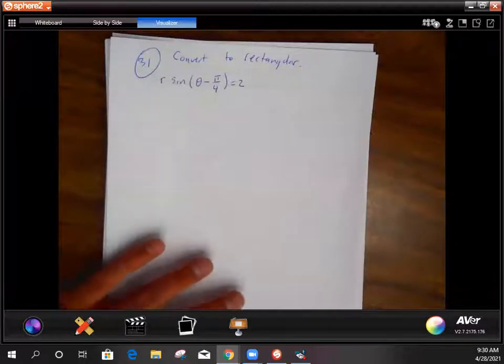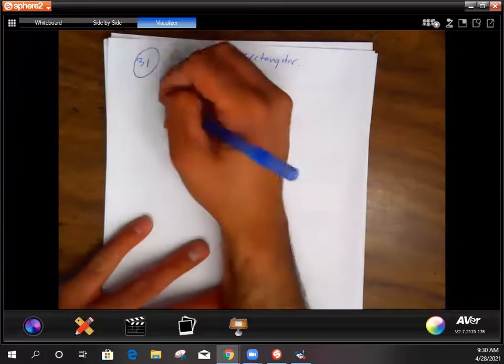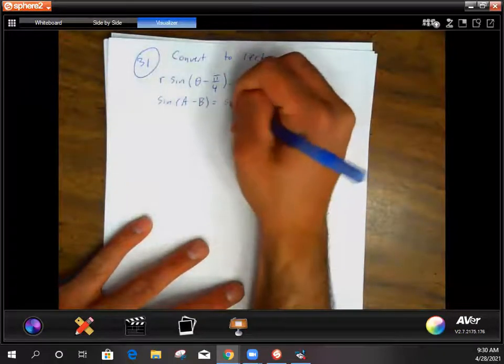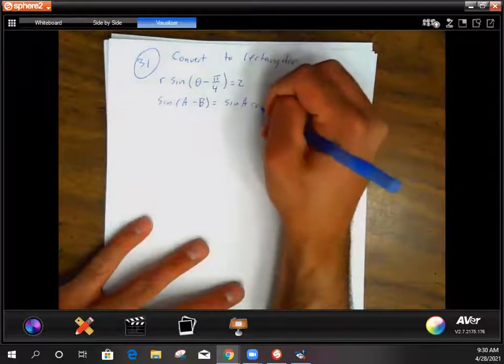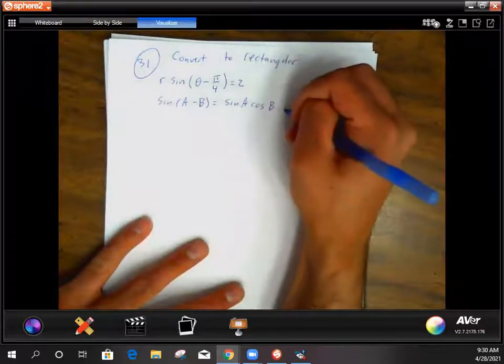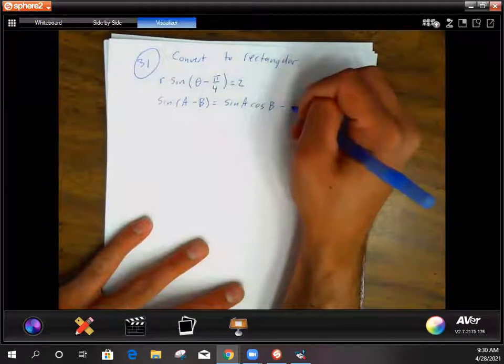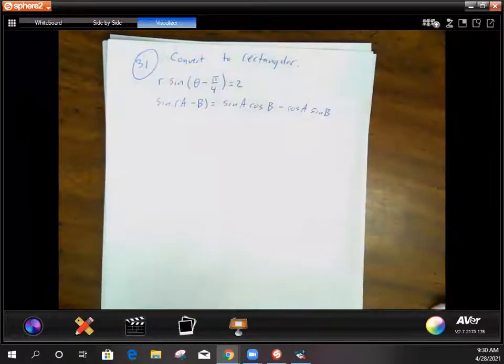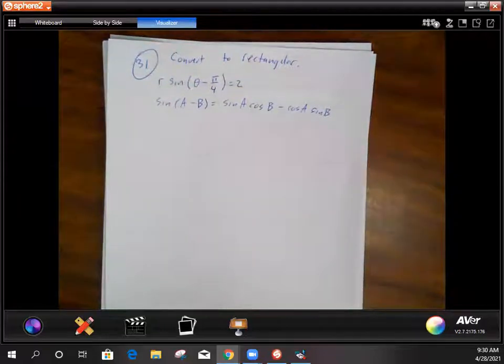So the difference formula for sine, I'm pretty sure, because I don't make you memorize things, so why should I memorize things? I'm pretty sure it's sine A cosine B minus cosine A sine B. Let me check. Oh, I have it written down right here. Yeah, sine, cosine, minus. Nice. Good job.